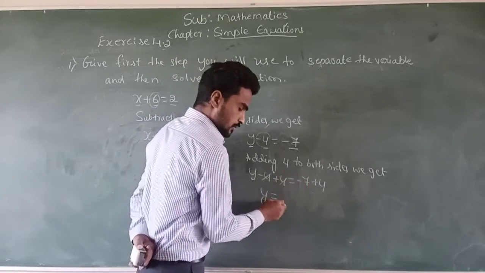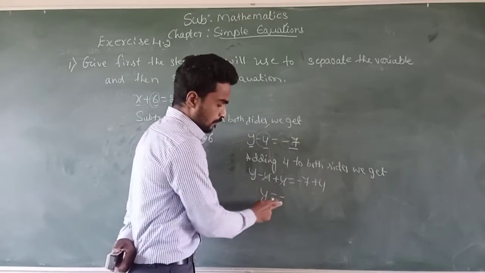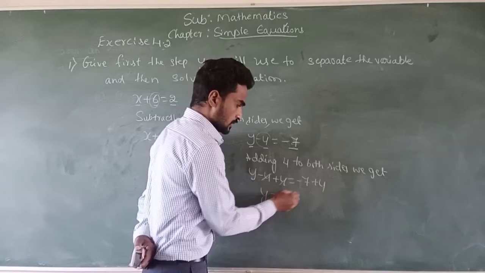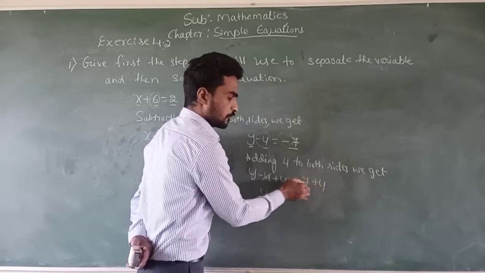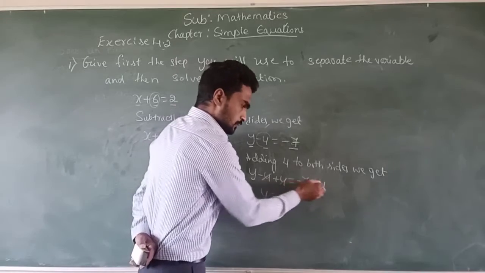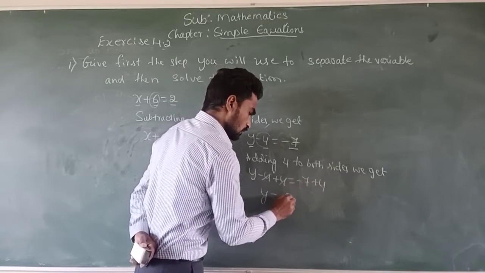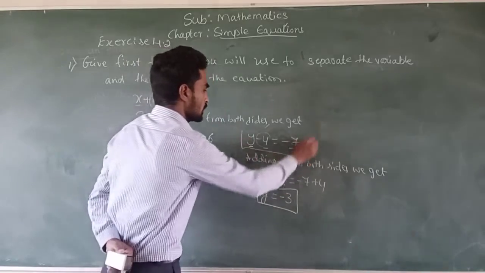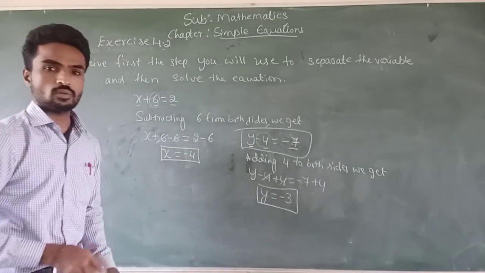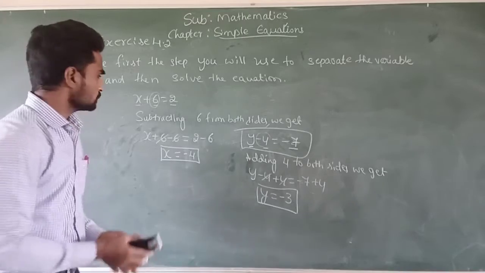Here the bigger number is minus 7. Then put minus, then subtract 4 from 7 because both are having different signs. 7 minus 4, that is equal to 3. Then y is equal to minus 3 is the solution of the given equation y minus 4 is equal to minus 7.